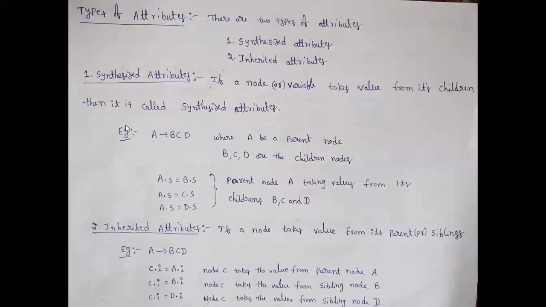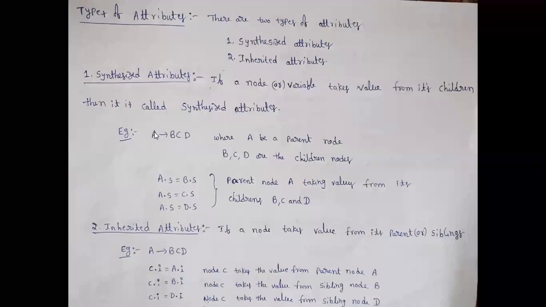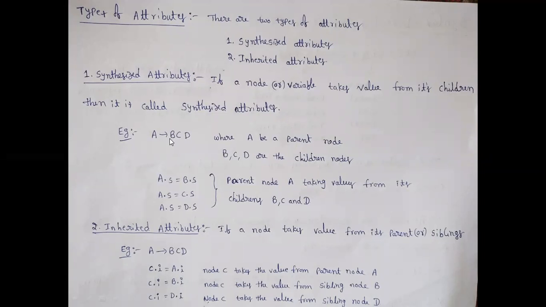Let us consider one example. So here A produces B, C, D. A is the parent node, and it produces B, C, D, which are the children of A, and B, C, D are considered as siblings.